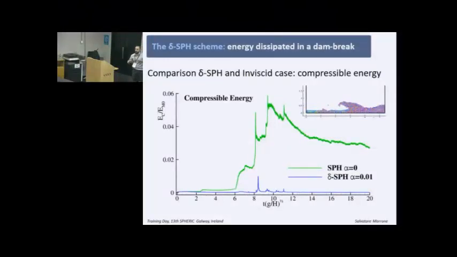It's like a heating, thermal heating. That is the only way the SPH scheme with alpha equal to 0 can dissipate energy. So you can see this compressible energy goes on increasing.